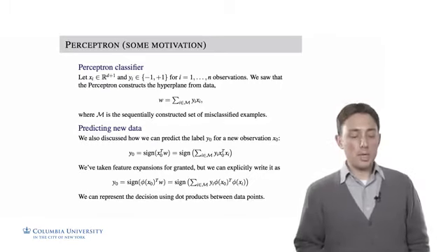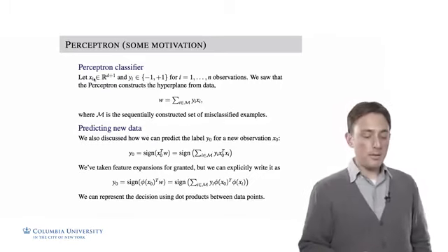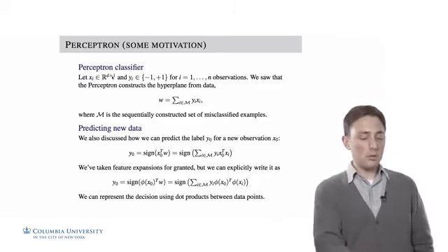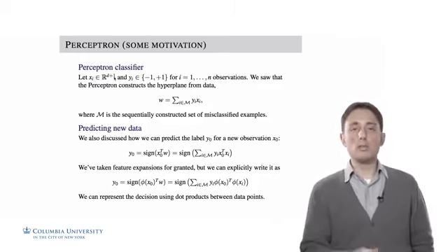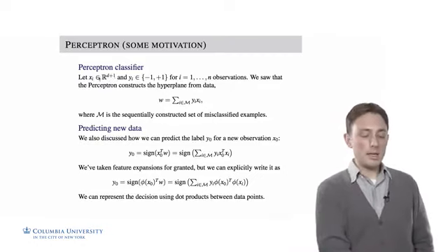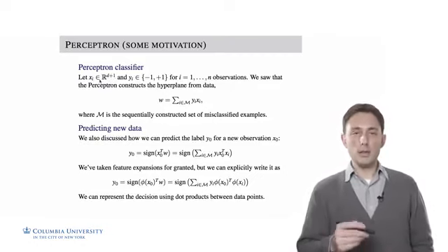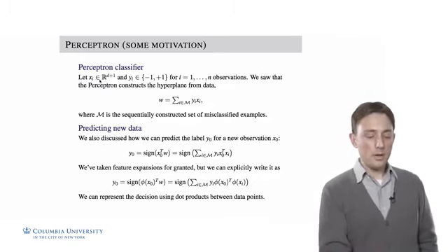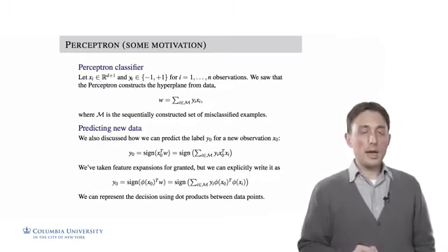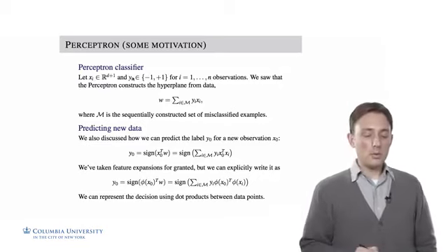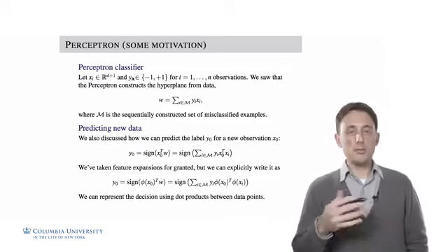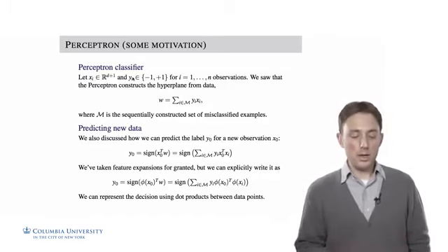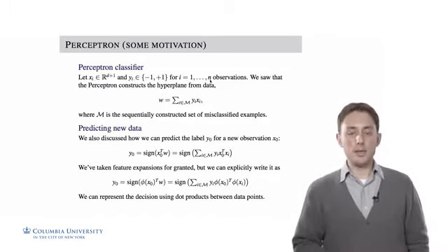So remember with the Perceptron that we have covariates xi for the ith data point in R^(d+1), where the plus 1 implies that I've added a dimension to x that's equal to 1 to account for the offset. And with each xi, we have a label yi that's either plus 1 or minus 1. And we have n of these pairs.